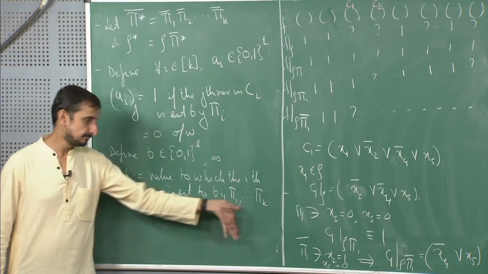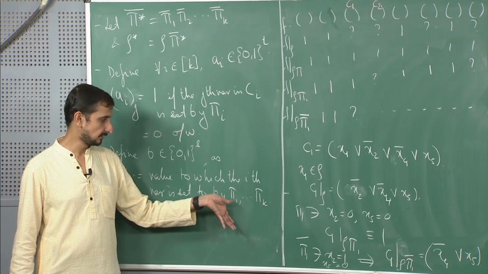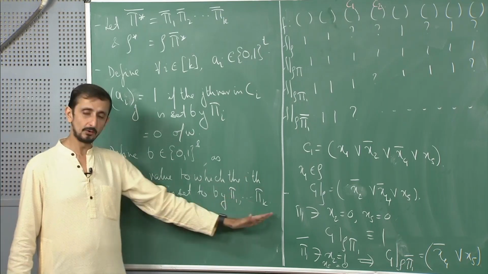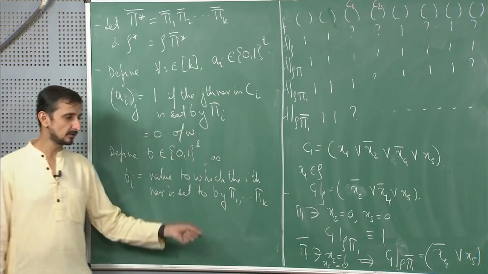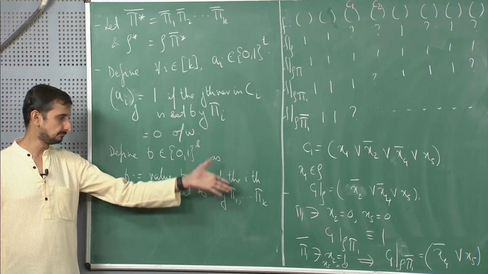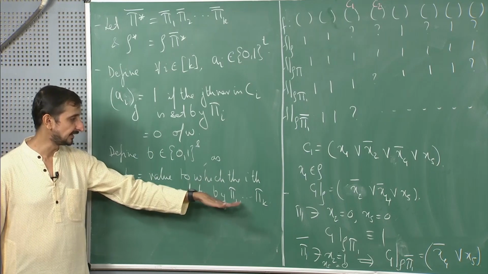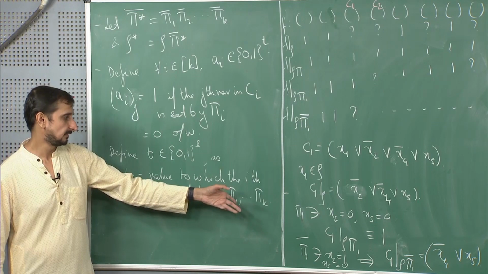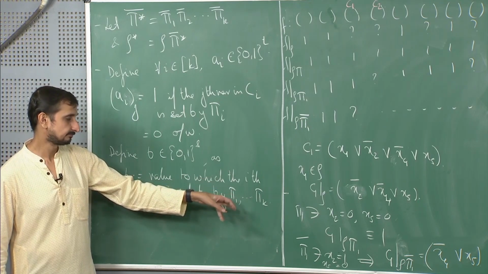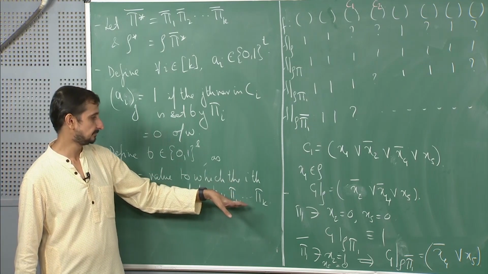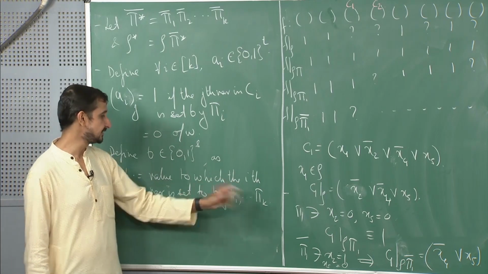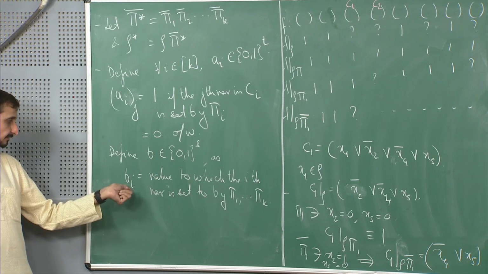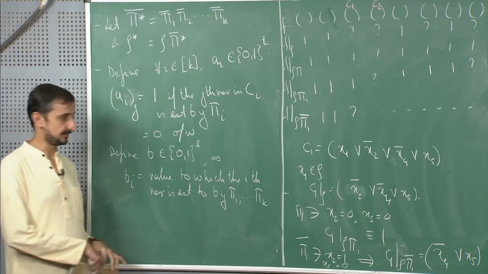So, note that all these pi's are distinct by the construction, they do not overlap. So, if some pi_g is setting some variable to 0, then b_i of that variable will be 0 and otherwise it is 1.